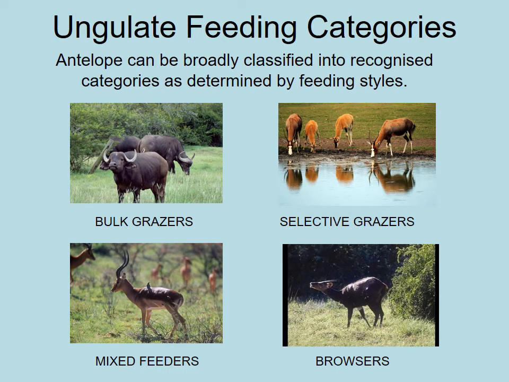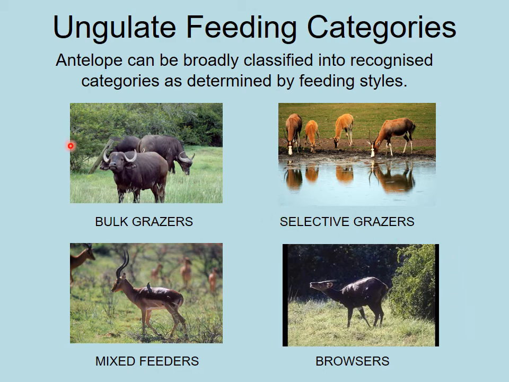So when it comes to ungulate feeding categories, we can broadly classify the antelope into recognized feeding categories, okay? And this is dependent on their feeding styles. It has much to do with the size of their muzzles, so the size of their mouths, and also whether they are ruminants or non-ruminants, and the habitats that they will utilize.